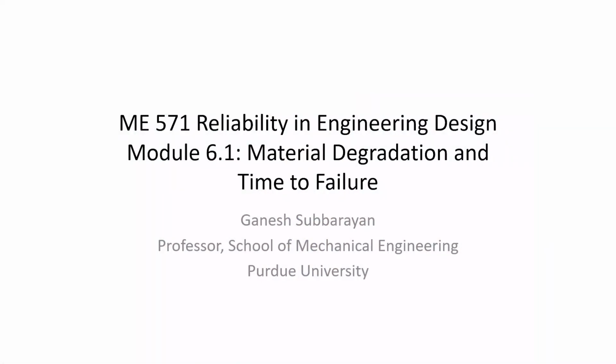We will motivate that, and we will start with simple models to describe times to failure in Module 6, and then we will go on to other more common probability distributions that are commonly used to describe times to failure. But whatever we do in Modules 7 and 8 is motivated in Module 6.